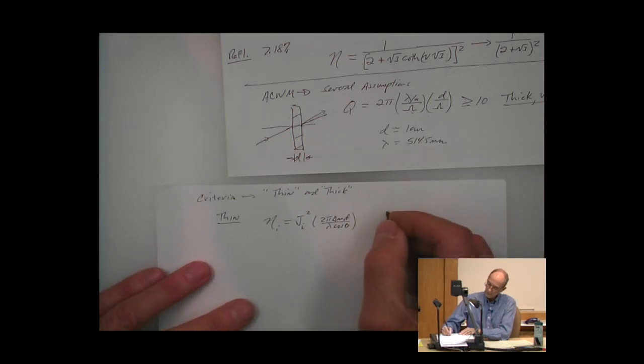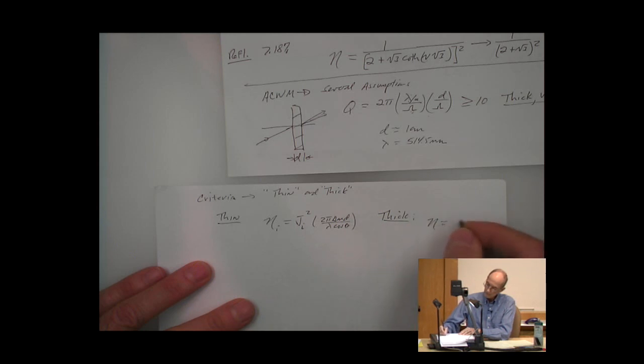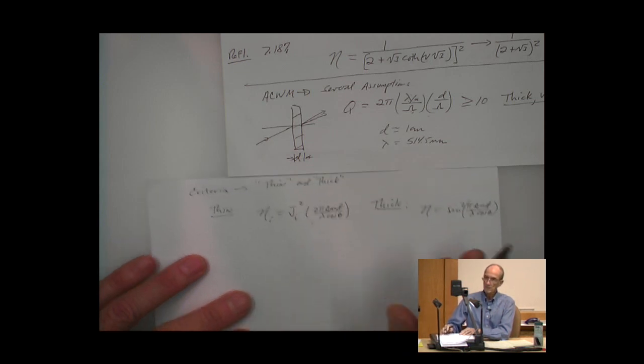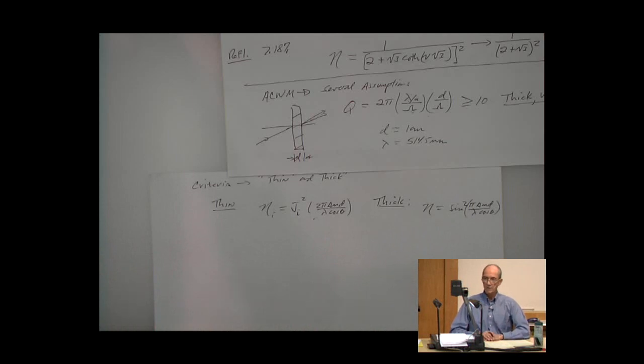And if we have a thick hologram, we now have this nice simple relation that eta is just equal to sine squared of pi delta n d over lambda cos theta. So we're off by a factor of 2, but we have kind of the same argument for both of those.